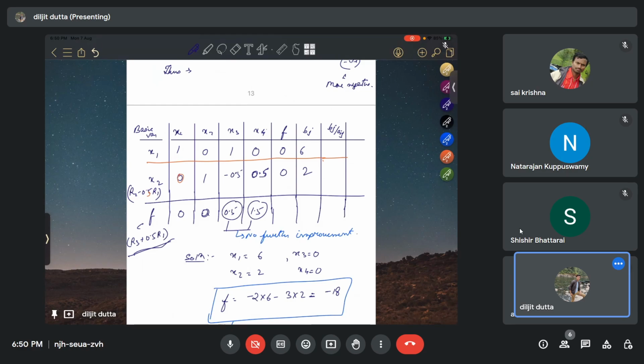Now what are the non-basic variables here? Here x3 and x4 are the non-basic variables, and the coefficients of x3 and x4 are 0.5 and 1.5, both positive.